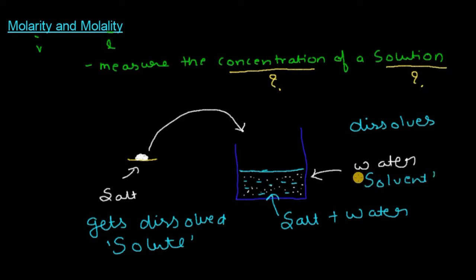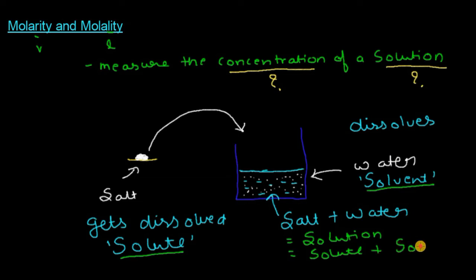So please remember these three terms: solute, solvent, and the third one is solution. Solution is nothing but the mixture of solute and solvent. In this case, the solute is salt and the solvent is water.